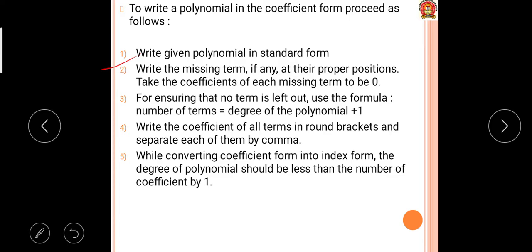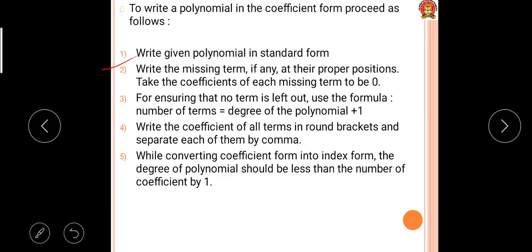For ensuring that no term is left out, use the formula: number of terms is equal to degree of the polynomial plus 1. If 5 degrees are there, how many terms do we require? 6.